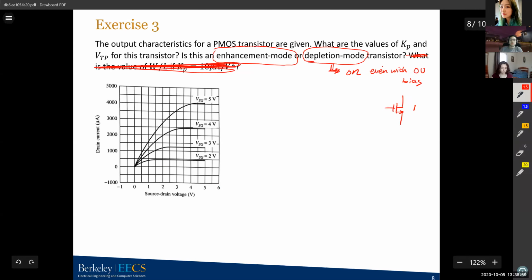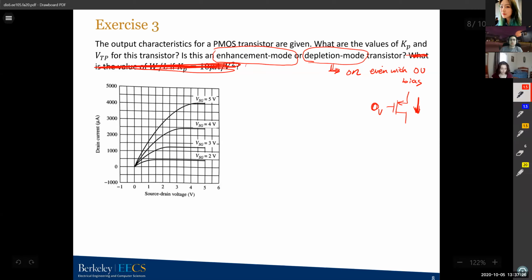This is an NMOS, and this is a PMOS. There will be current flowing through the transistor even with 0 volts bias. So even if the gate voltage is 0 volts, we still have current flowing through the MOSFET. In this case, the MOSFET is called depletion mode.